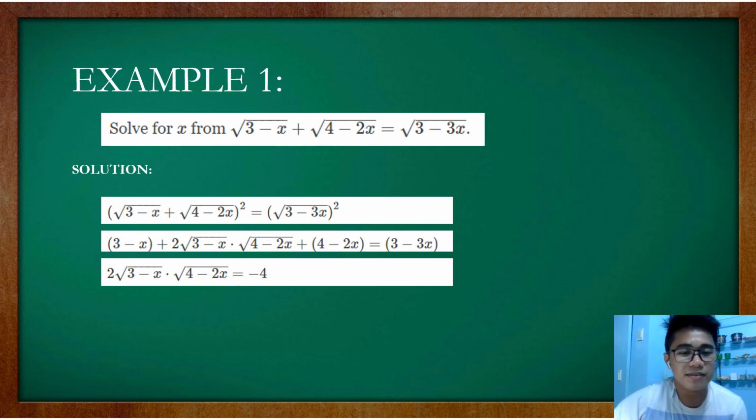So, yung 3 minus 3x is pwede na siyang i-move sa kabila. Yung 3x, i-simplify lang siya. So, we have 2 square root of 3 minus x, okay? Tapos, multiplied with the square root of 4 minus 2x. Yan po.